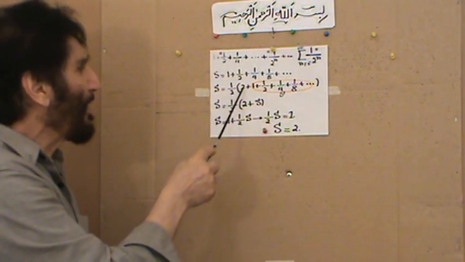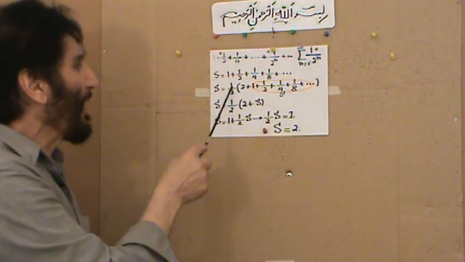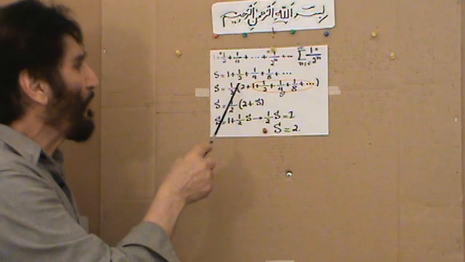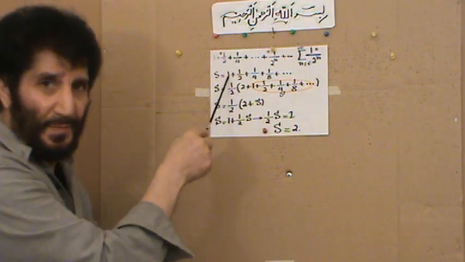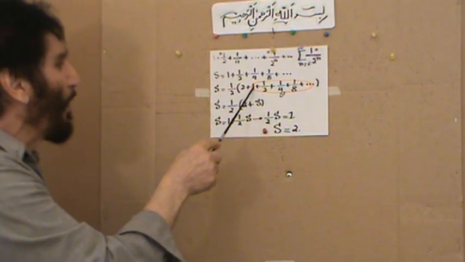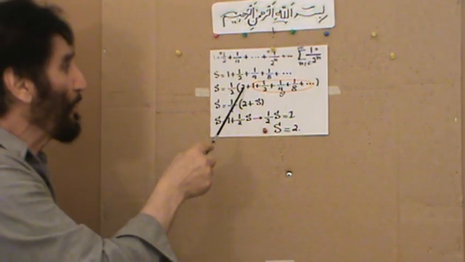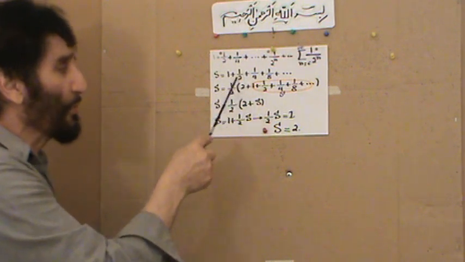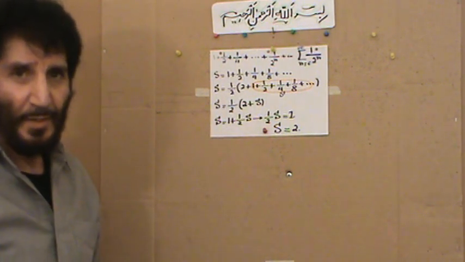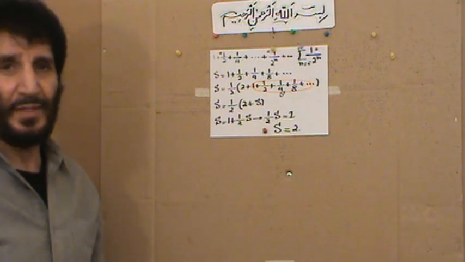I end up with 2 plus 1 plus 1 half plus 1 fourth and so on. Because when I factor 1 half, multiplying 1 half by 2, I get 1. Is that right? And multiplying 1 half by 1, I get half. So if I distribute the half, I get this one. I haven't done anything wrong. It's just algebraic manipulation, algebraic abracadabra.